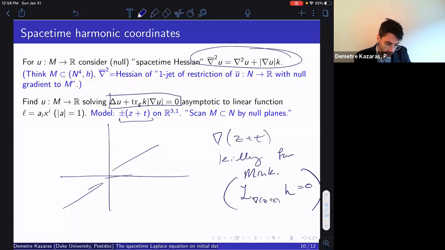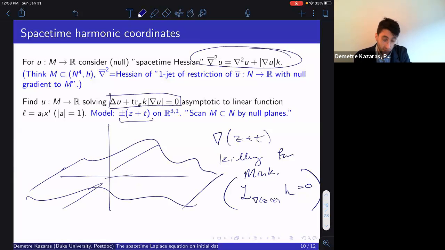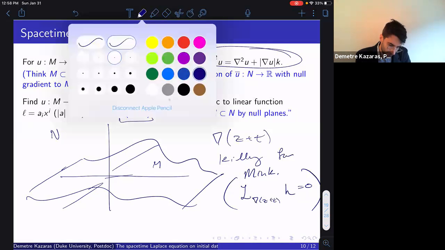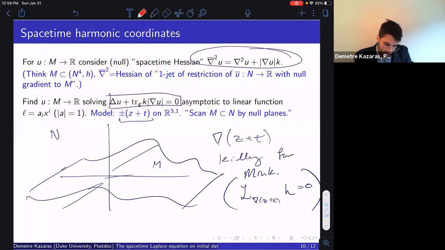What do I want to draw? So here is, say, a graph of some function over the t equals 0 slice of Minkowski space. So this could be our M. The ambient space is Minkowski space here. And what would be solutions to this equation?